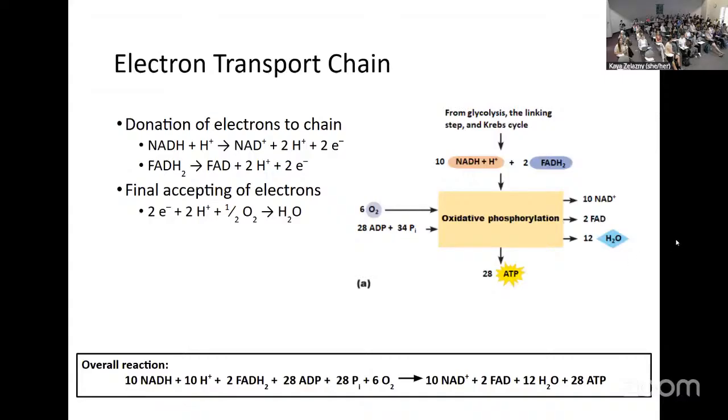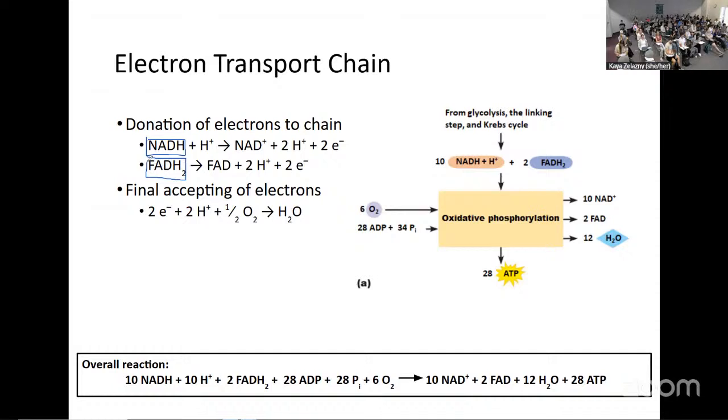So here's some chemistry showing us what's going on with those electrons. You can see our reduced electron carriers that we built up. Most of it is NADH. We do have some FADH2 from the Krebs cycle. The Krebs cycle makes a little bit of ATP, 2 per glucose molecule and 1 per cycle.